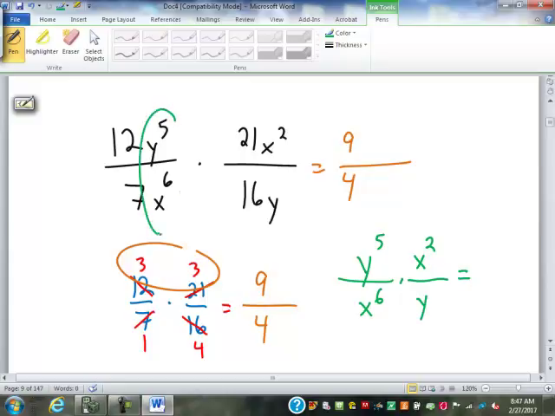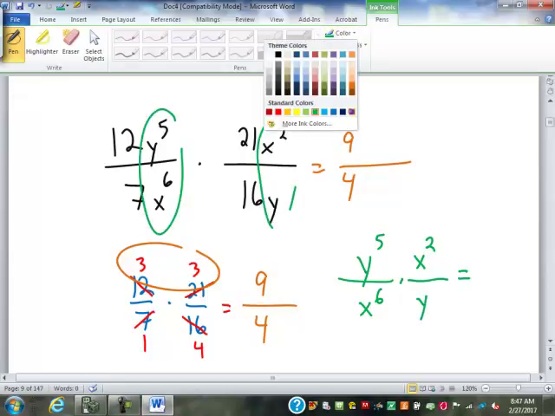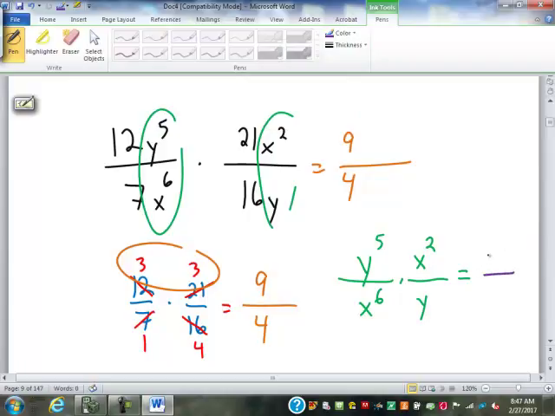So all we're doing is taking out the variable portions without the numbers on them. Then, of course, we're going to combine those to get what? x squared, y to the 5th, and then x to the 6th. Perfect. So we just multiply them out. We put them in alphabetical order. And now we're going to reduce.